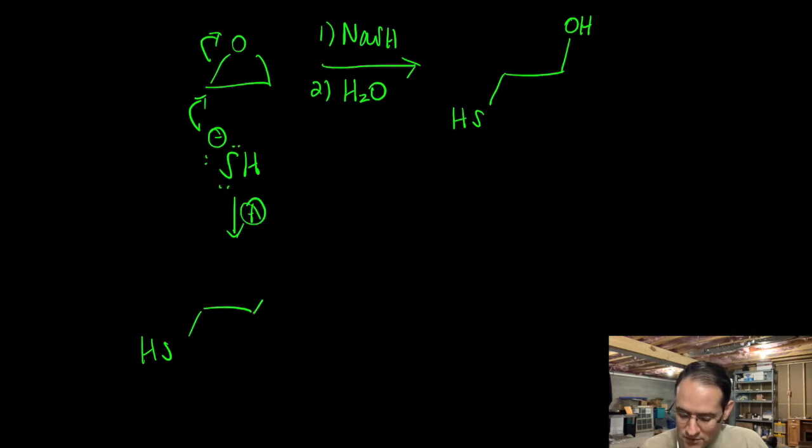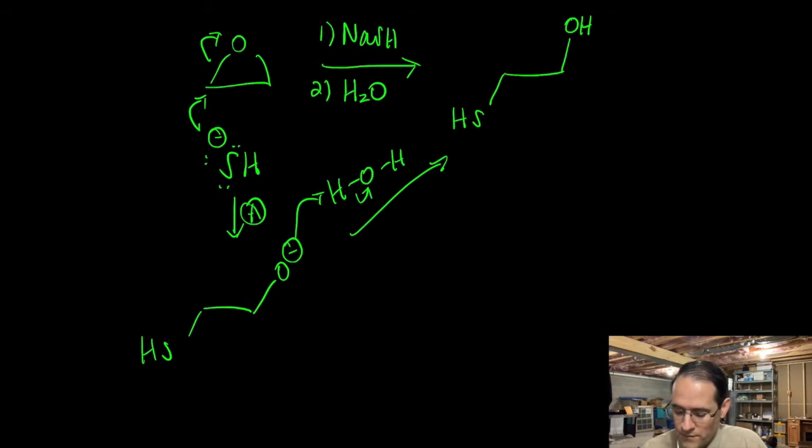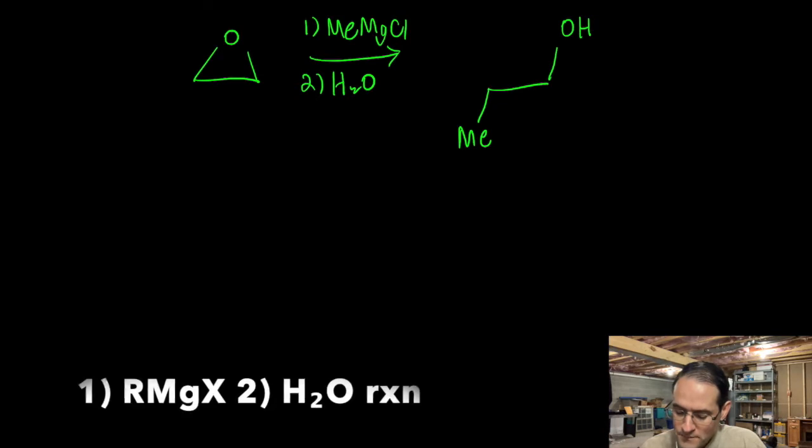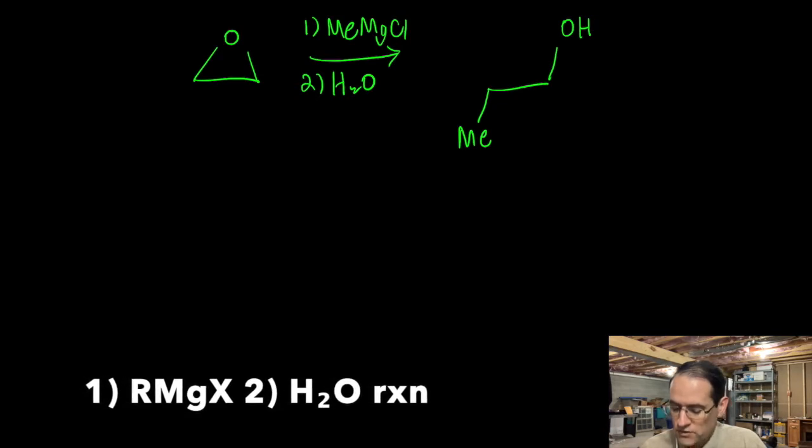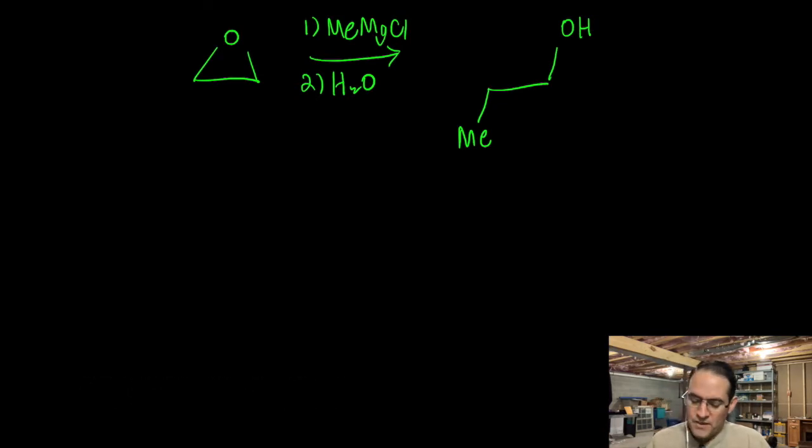This gives us, after the first attack step, this alkoxide, okay? And this will react with water to form the neutral thiol slash alcohol over here, okay? So that's a protonation step, all right?